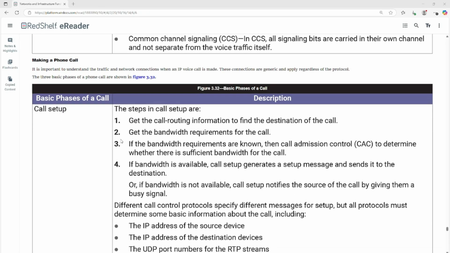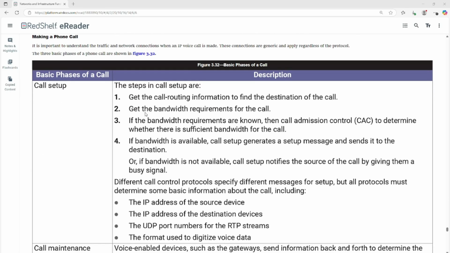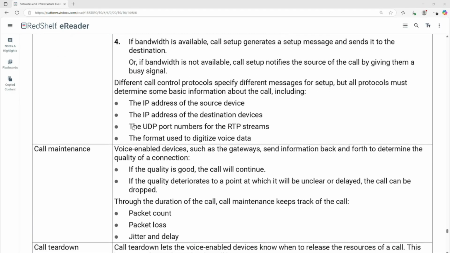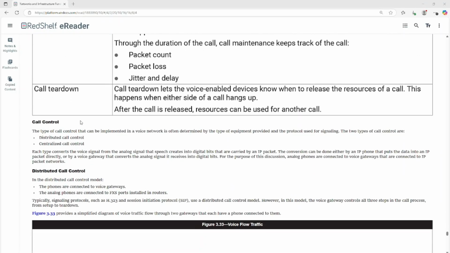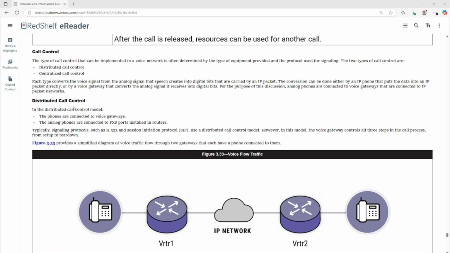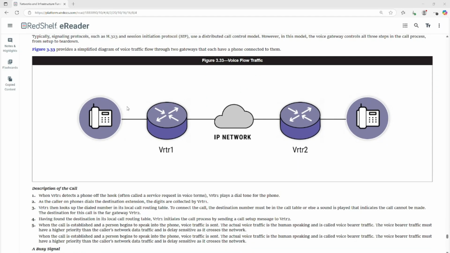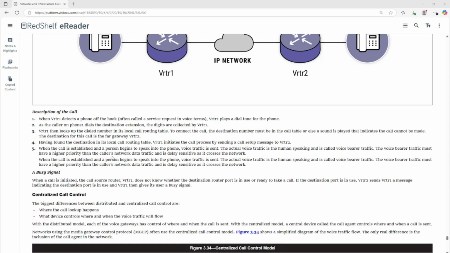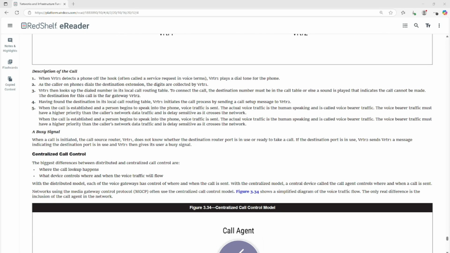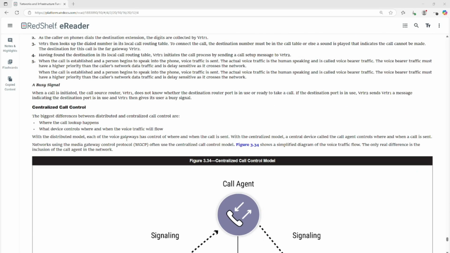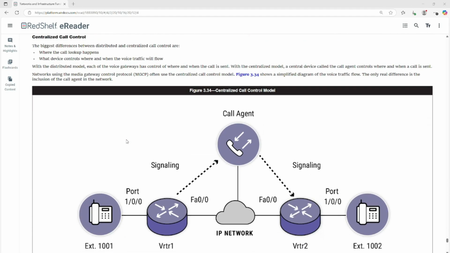You read that for better understanding. How it operates, the basic phases. Tear down, call control, distributed call control. But most important, you want to keep in mind that this is voice over IP. That's very important for you to keep in mind. Voice over IP.